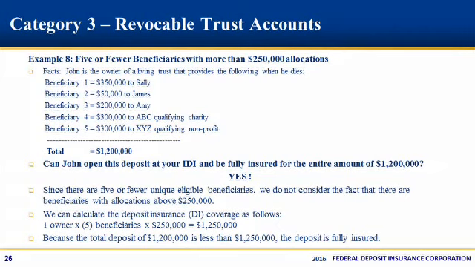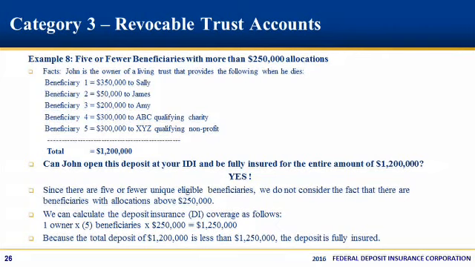The answer is yes. Our rule to follow is when 5 or fewer beneficiaries are named, we simply multiply the 1 owner times 5 beneficiaries times $250,000, which gives us a maximum insurable amount of up to $1,250,000.